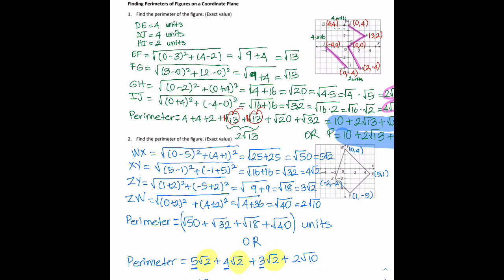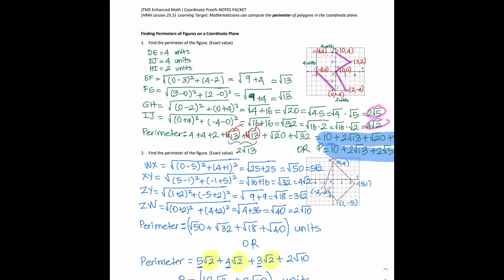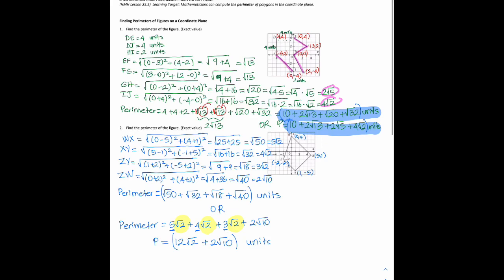And then square root of 2 remains as square root of 2, just like combining like terms. Plus we have 2 square root of 10 units. I think it's also good to put the parentheses here to make sure that unit is not only for the last term or last number. Okay, so that is our final answer.